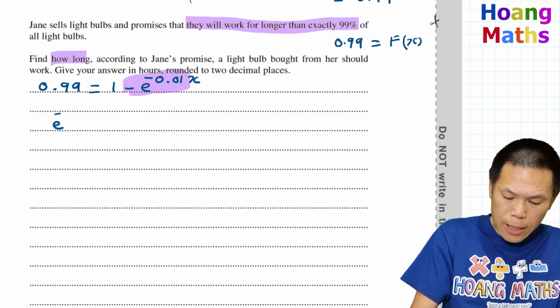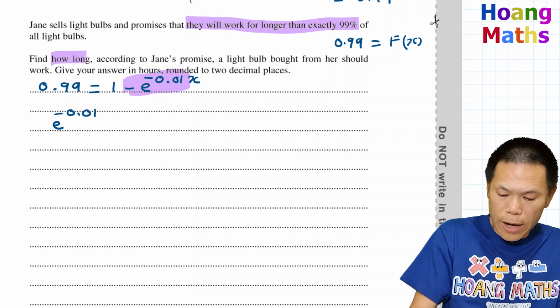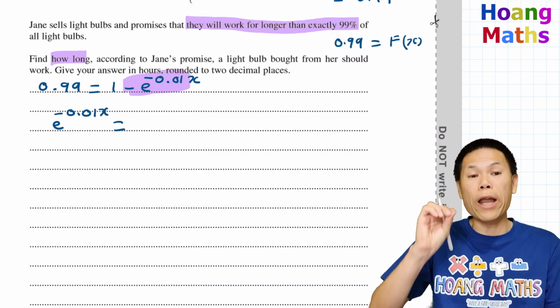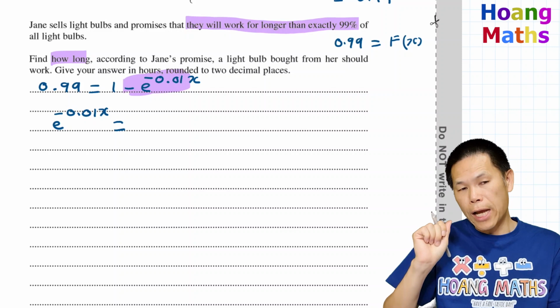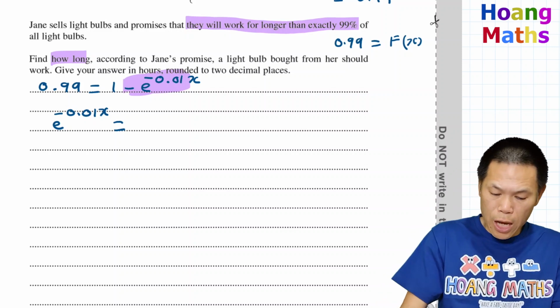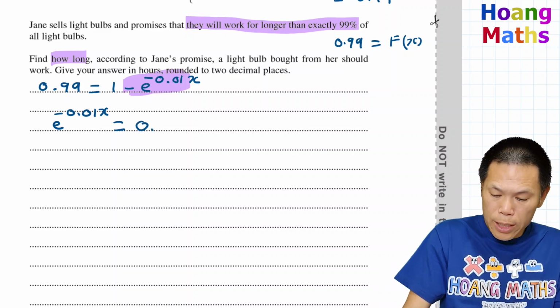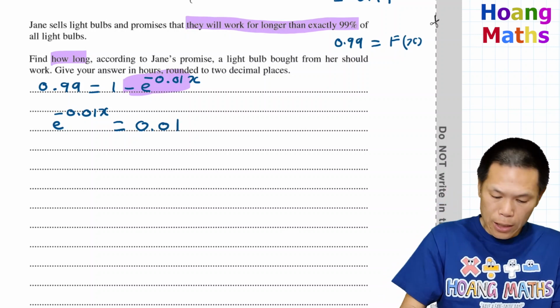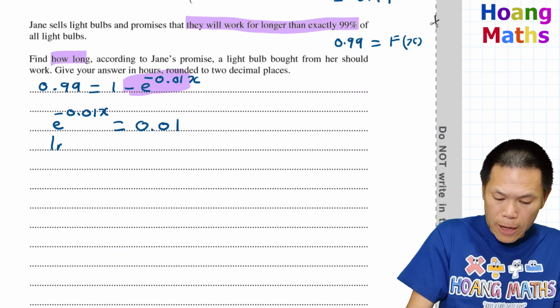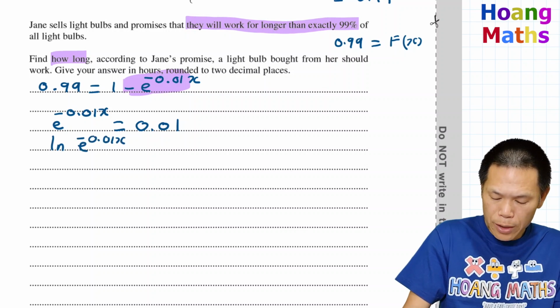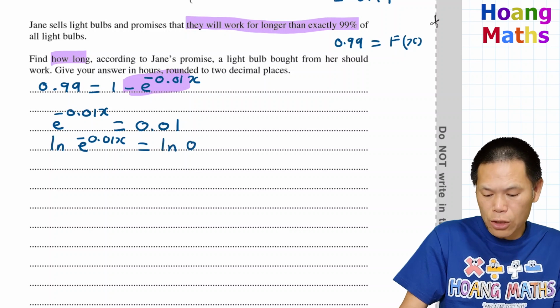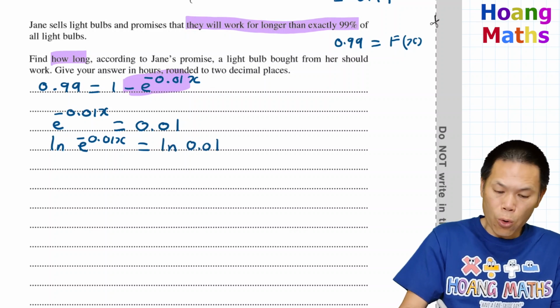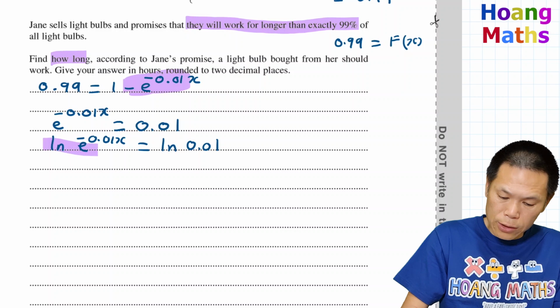So e to the negative 0.01x is equal to 1 minus 0.99. And 1 minus 0.99 is 0.01. So I take ln on both sides. So that means ln e to the negative 0.01x equal ln 0.01.